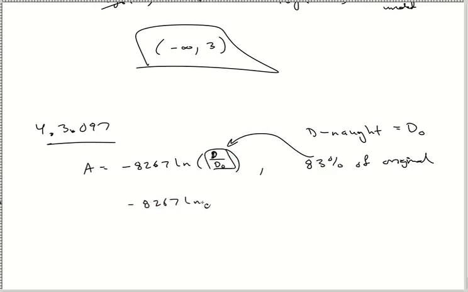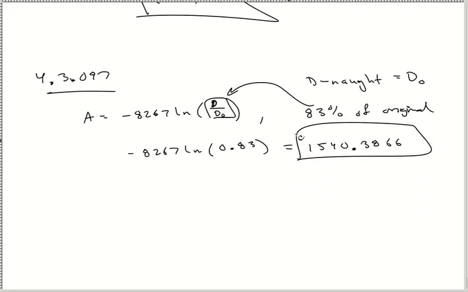Sounds kind of weird, doesn't it? But it's technically a ratio, a fraction of some kind. I plug it all in, use the calculator, and I got 1540.386. And there you go. I think it's a word problem of some kind, but I'm not too concerned about it.